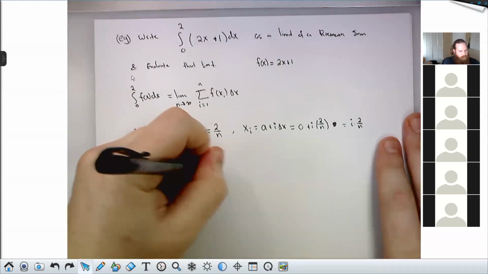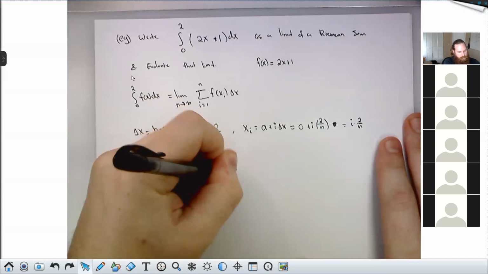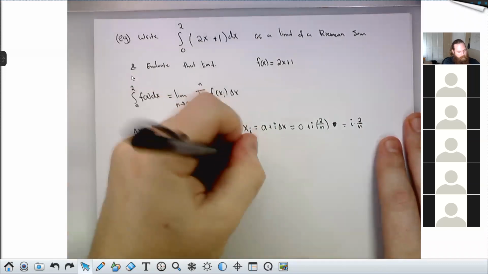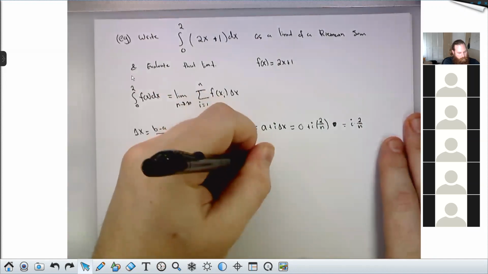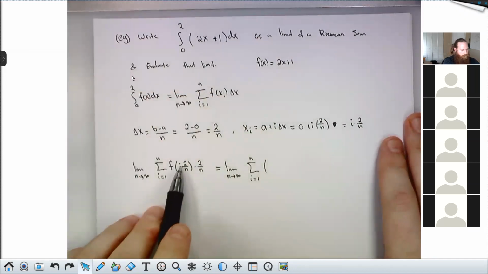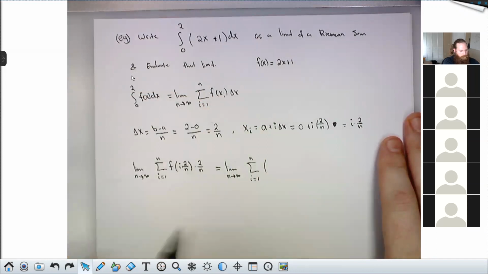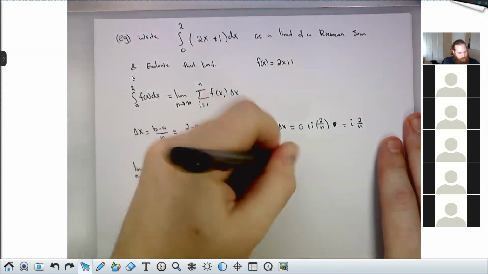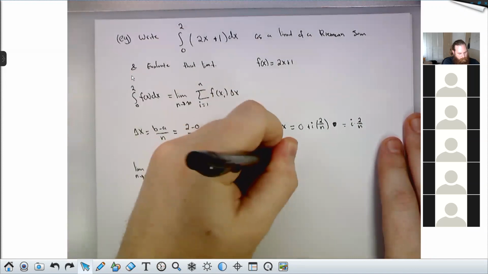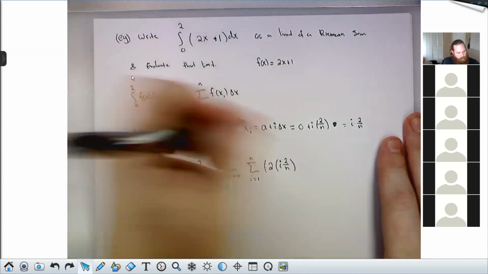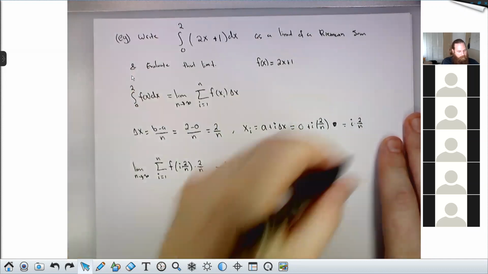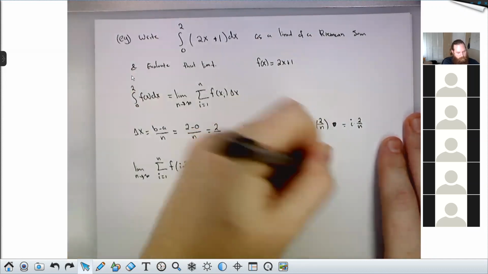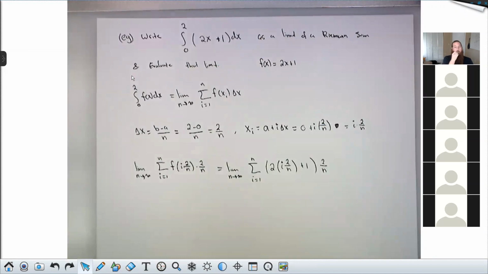So this is the limit as n goes to infinity, sigma i from 1 to n, f of i times 2 over n, which is 2 times i times 2 over n plus 1. And then delta x is just 2 over n. So this is the sum that we need to work with.